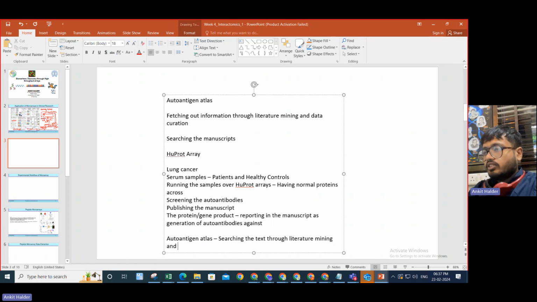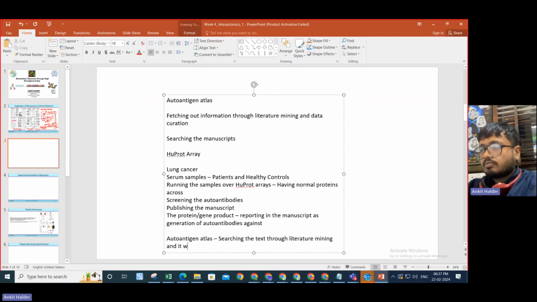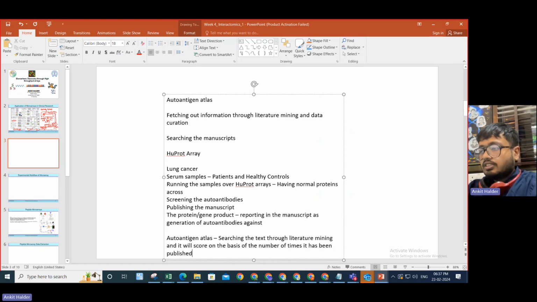If it is a reported manuscript, it will score on the basis of the number of times it has been published, the diseases associated with it, etc., etc. In this way, it is going to curate and take it.